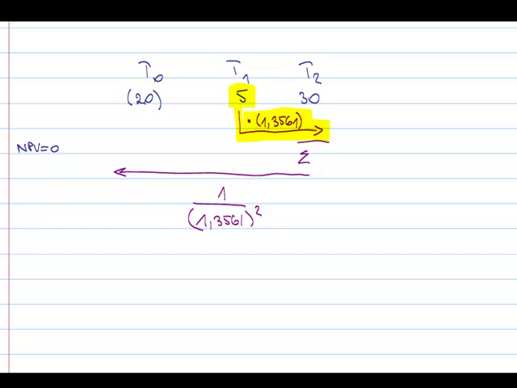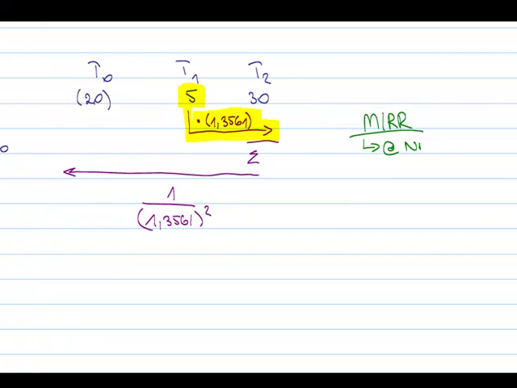So actually, the modified internal rate of return just says the MIRR is the discount rate at which NPV is nil, but the reinvestment rate is the actual rate at which the amounts can be reinvested.